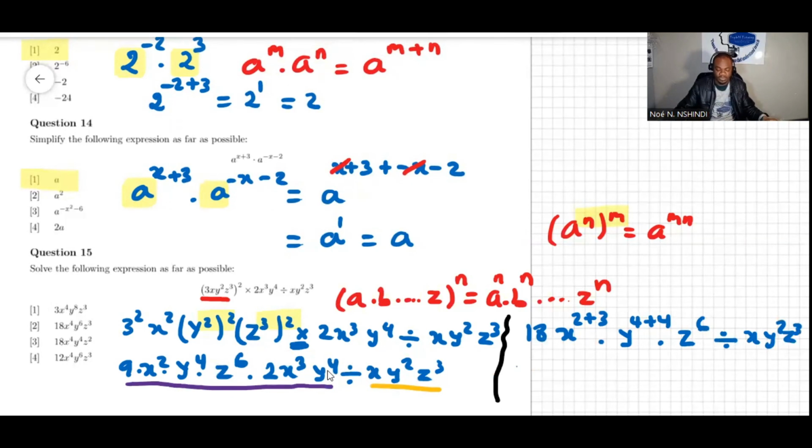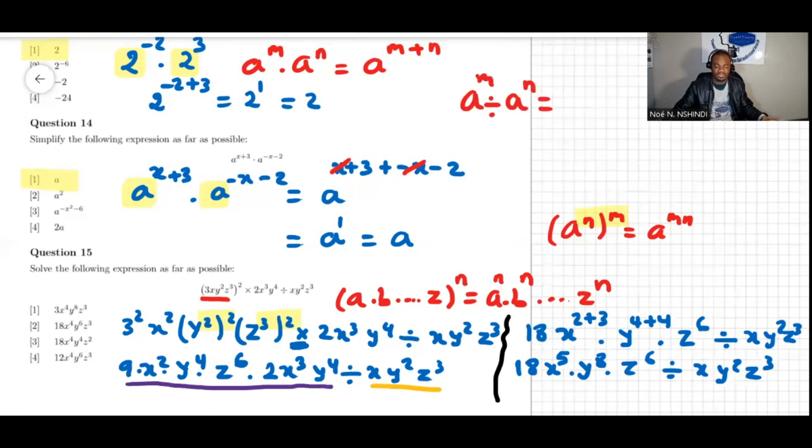Now this will make 18x to the power 5 times y to the power of 8 times z to the power of 6 divided by x y squared z cubed. Now here also, when we divide, it's the opposite operation. If you do a to the power of m divided by a to the power of n, this is a to the power of m minus n.